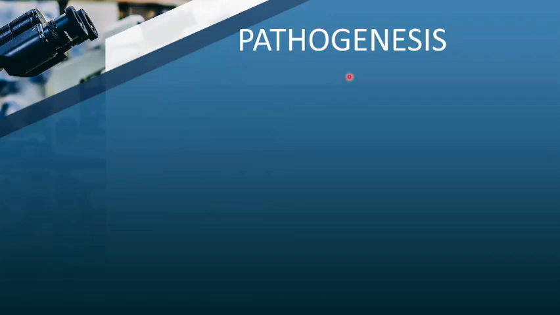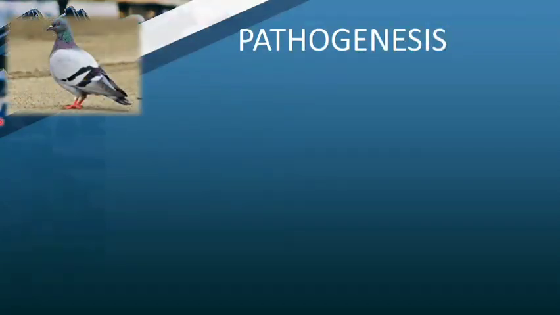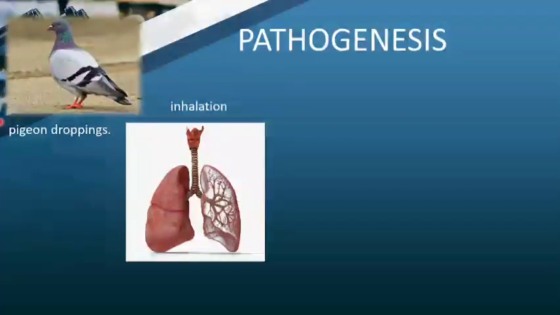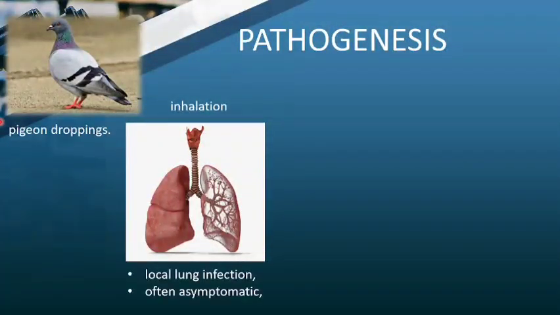So let's talk about the pathogenesis. Remember, I said the pigeon. Pigeon droppings, that's where you actually find the spores of Cryptococcus neoformans, and then the route of transmission is through inhalation. So you inhale the spores, and then the spores will find their way to the lungs, and there they will change to yeast. That yeast will proliferate there, causing local lung infection.